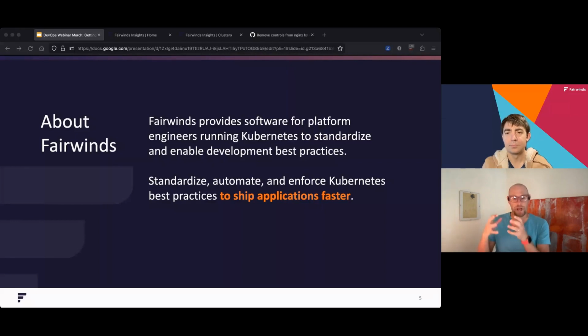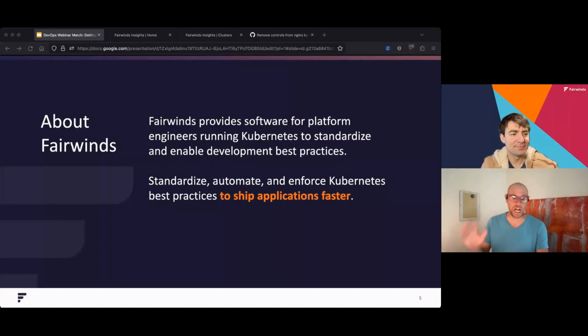Because you either have a small platform team that has to go around telling everybody what to do and educating them on everything all the time, or you have a platform team that builds great tooling so that people can just ship software relatively easily. That's where we sit, trying to help those platform engineering teams who are sitting between developers and Kubernetes so that people can ship software quicker. And that's what Fairwinds does.